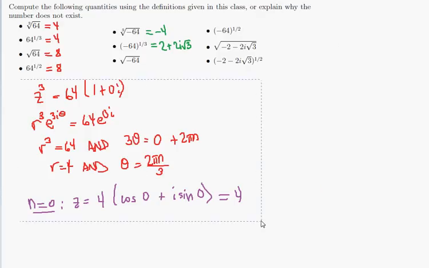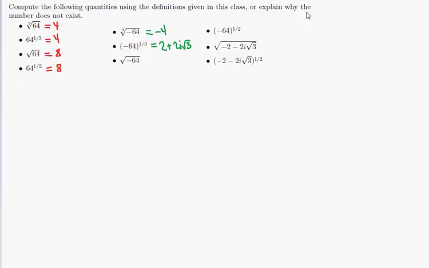Okay, so let's now take a look at the remaining problems. The square root of negative 64 is not defined. There is no real number that when you square it, you get negative 64. However, we can define negative 64 to the 1/2 power.